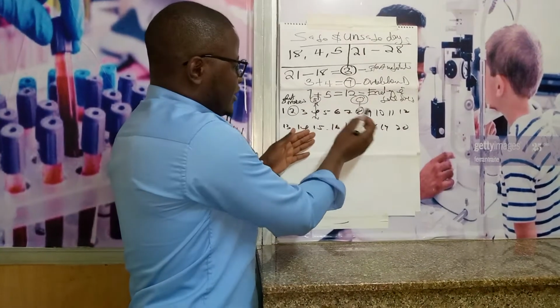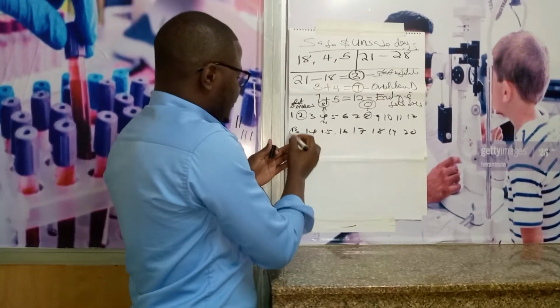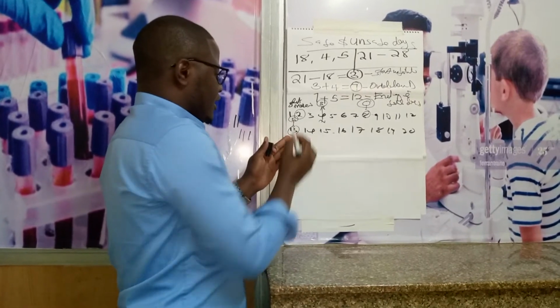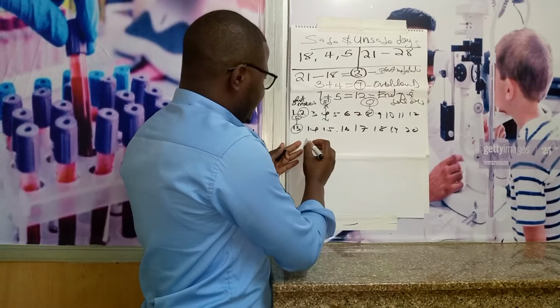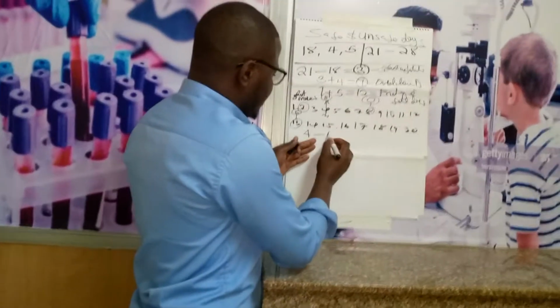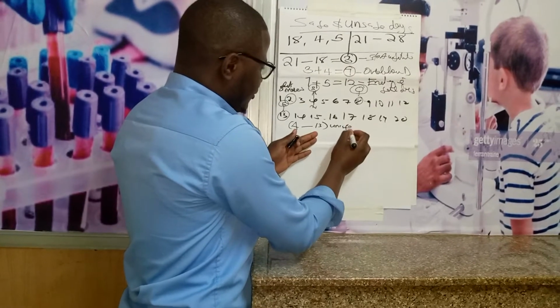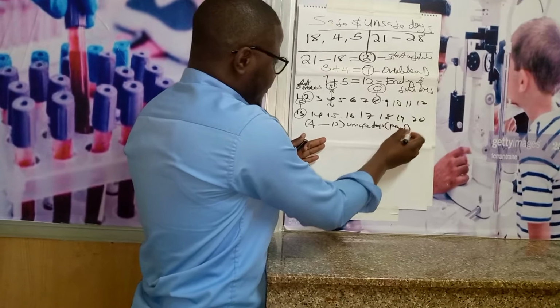Up to here it's 7, 8, 9, 10, 11, 12, so up to the 13th, this will be the end of your fertile days. So in this case, from date 4 up to date 13, you are unsafe. These are your unsafe days, or the unsafe period.